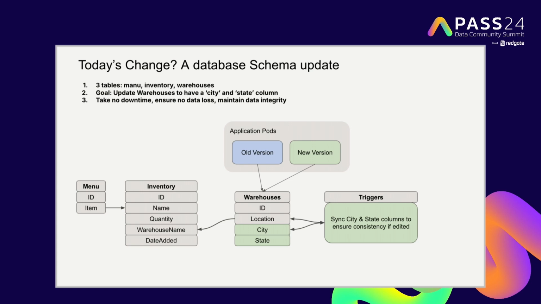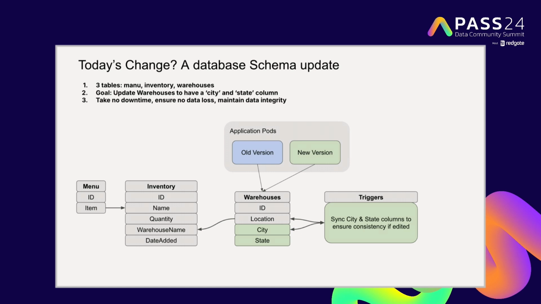So moving all of our data from the old column to the new ones with no downtime is a little bit more complicated. First thing we need to do is be able to run both the old version of our app and the new version of our app against that database schema simultaneously, because there is some amount of time, maybe seconds, where both will be running if we're taking no downtime.